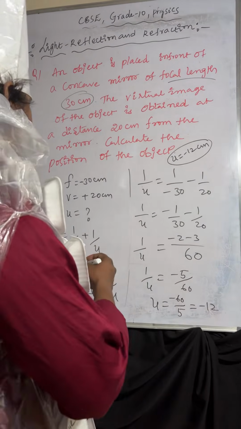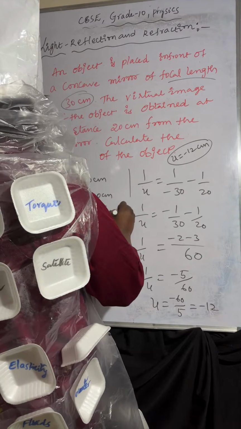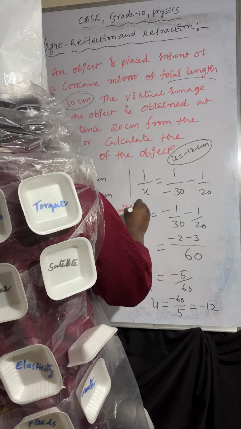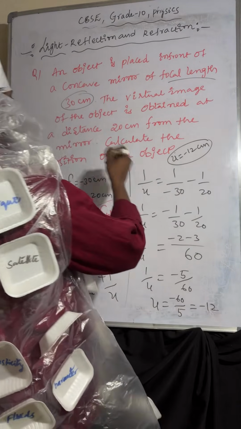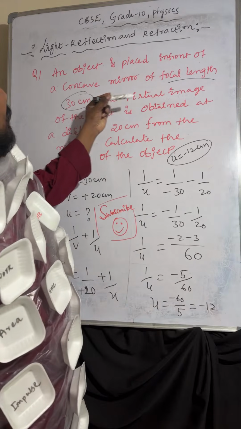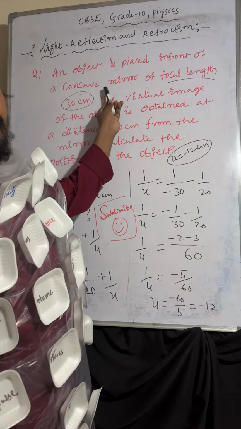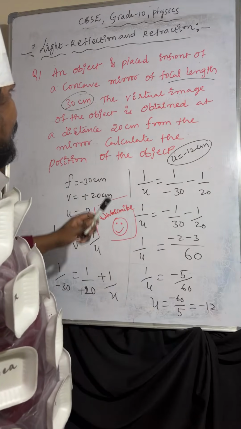Check once again. Here you can see the object is placed in front of a concave mirror. Concave mirror means the focal length is negative, so I have to take minus 30.